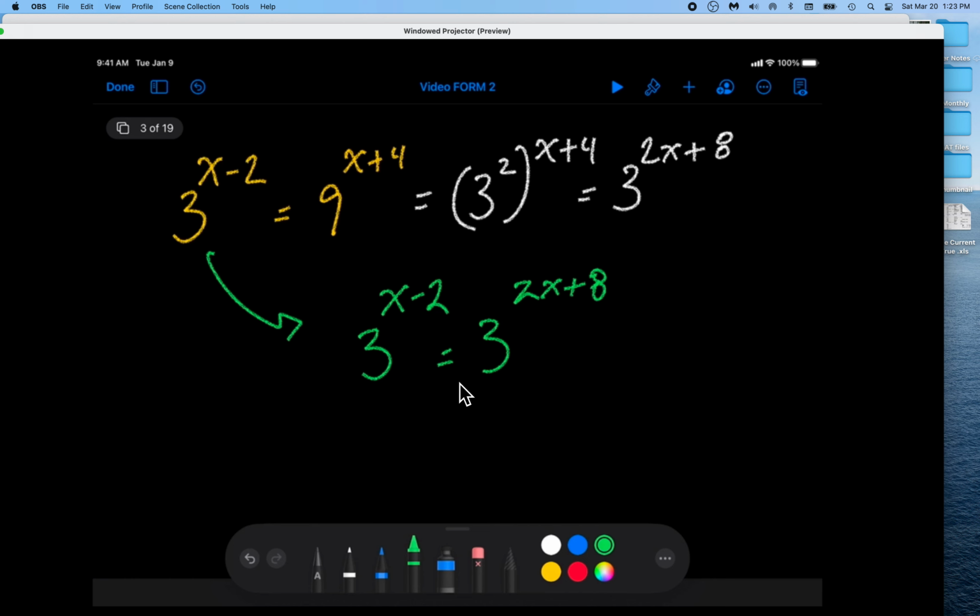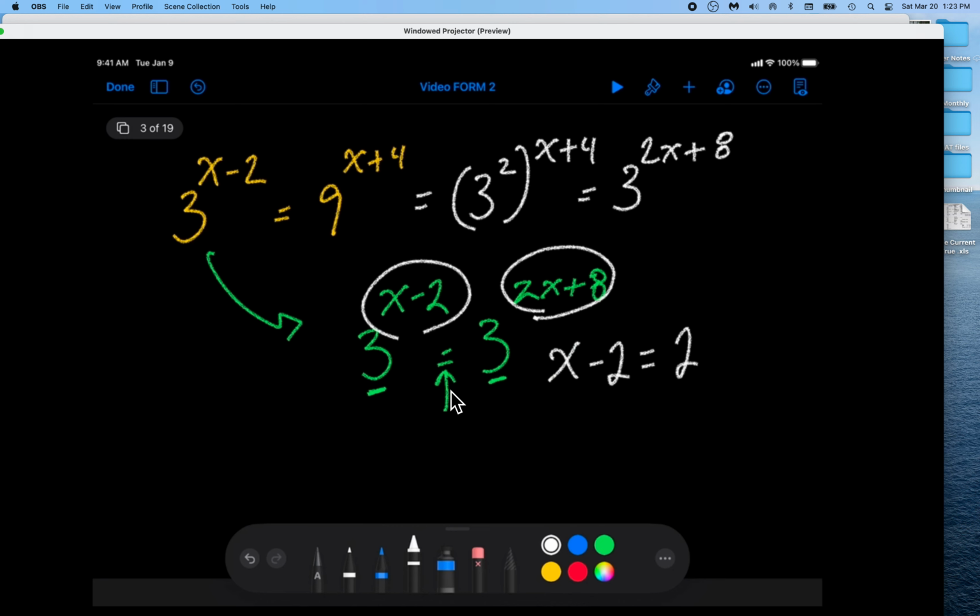We have an equal sign here. That means these two entities are equal. We have bases the same. So if these are equal to one another and they have the same base, it has to be true that these exponents are equal to each other. And then when you solve for x, you end up getting x equals negative 10.